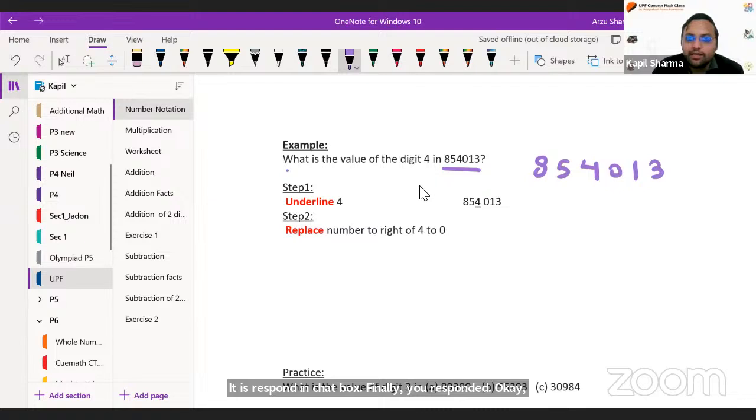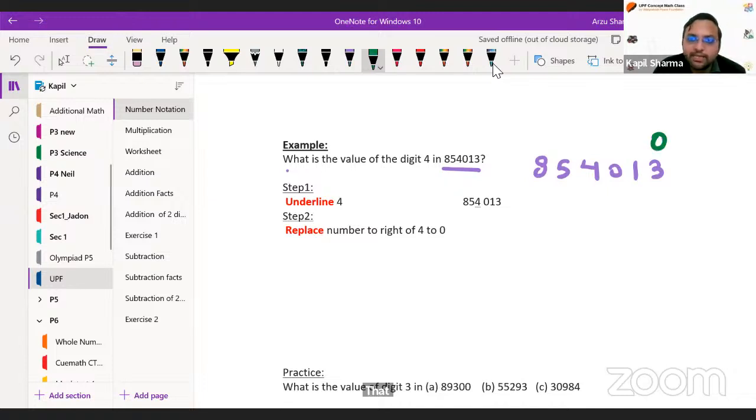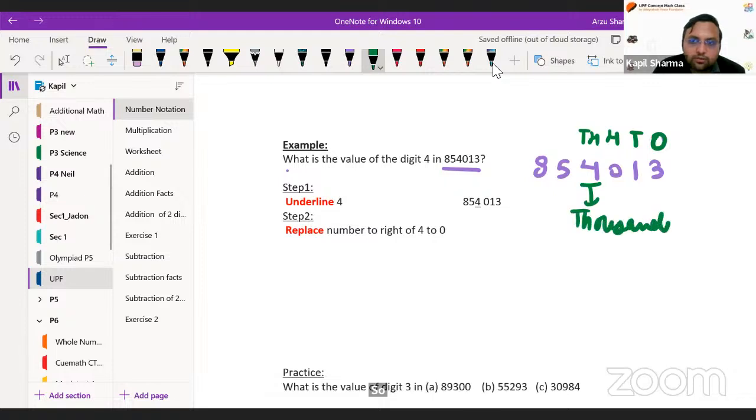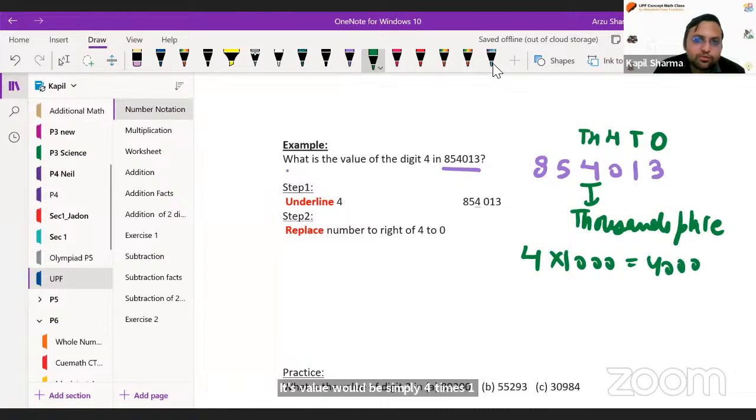Now you can see that 3 is at ones place, then 1 is at tens place, then 0 is at hundreds place, and 4 is at thousands place. So its value would be simply 4 times 1000, which is equal to 4000.